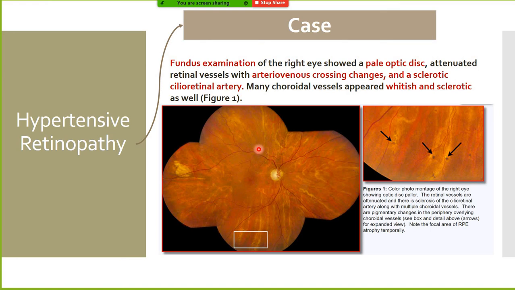In this image there is a crossing here, and a crossing here. There are whitish and sclerotic changes as well, and some other pigmentary changes which you will find here as dots. These are the major changes in this particular image.